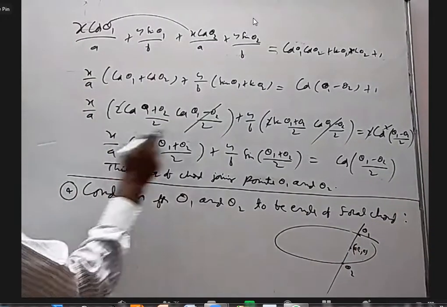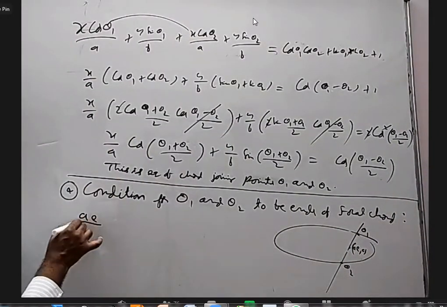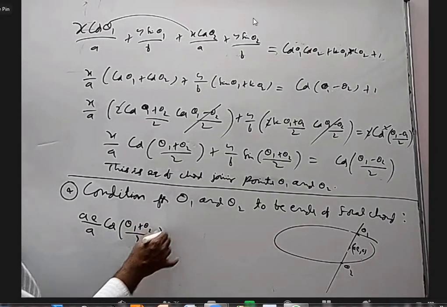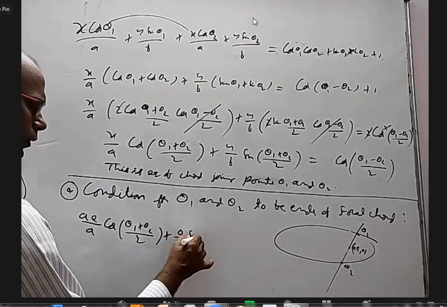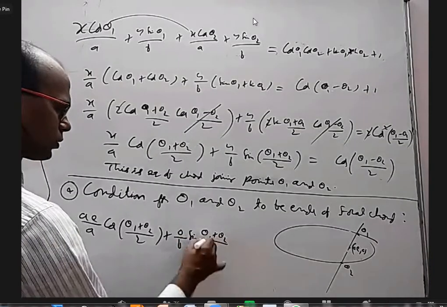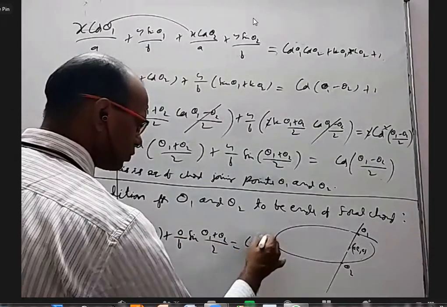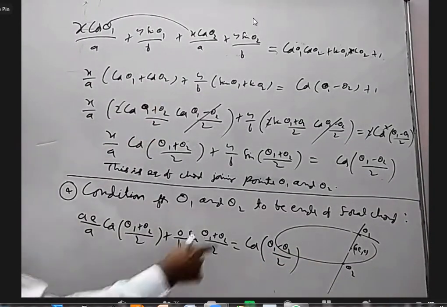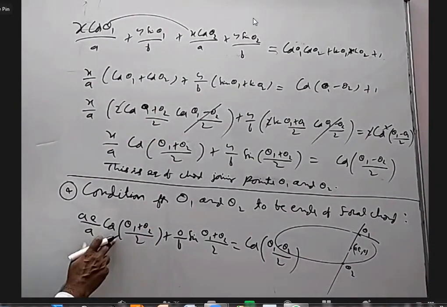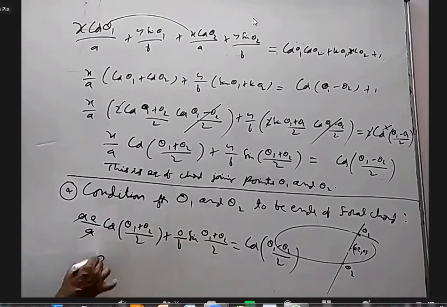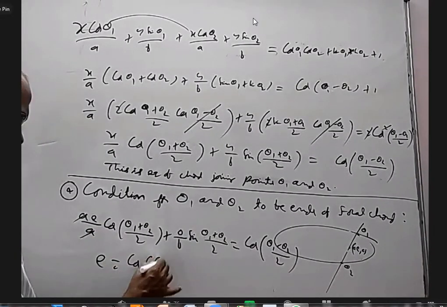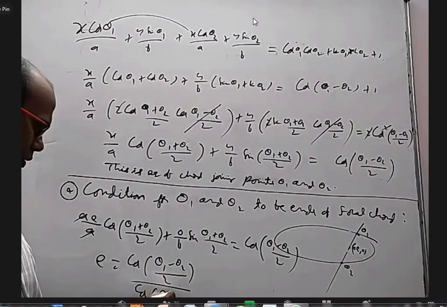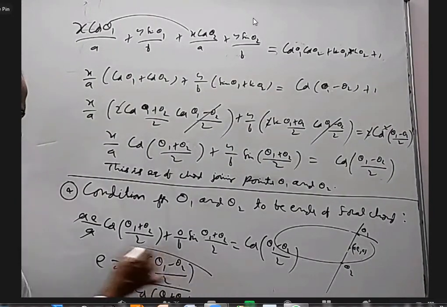So I'm going to substitute AE comma 0 in this. AE by A cos of theta 1 plus theta 2 by 2 plus 0 by B sin of theta 1 plus theta 2 by 2 is equal to cos of theta 1 minus theta 2 by 2. This becomes 0. I can bring it down: E is equal to cos of theta 1 minus theta 2 by 2 divided by cos of theta 1 plus theta 2 by 2.